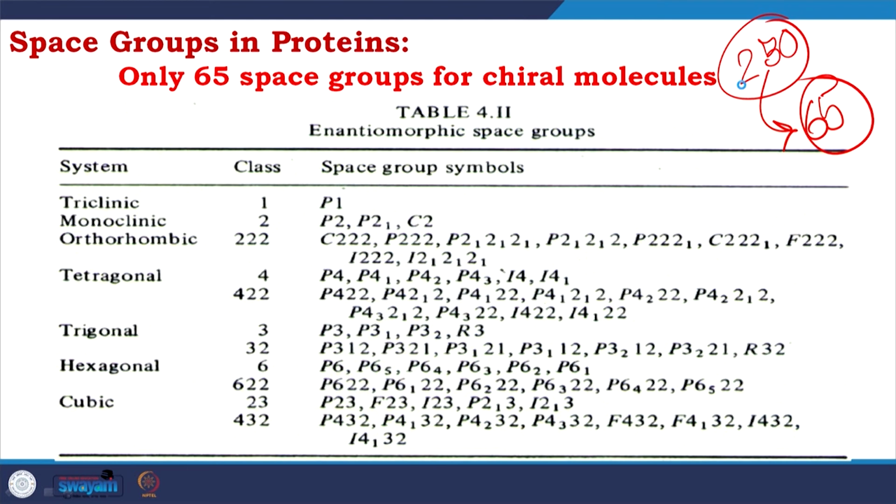We talked about the combination, the operation, and how that gives a system of 14 Bravais lattices within 7 crystal systems. The space groups we talked about, and we ended up understanding that in proteins there are 65 space groups instead of 230 because of the chiral environment present in proteins.